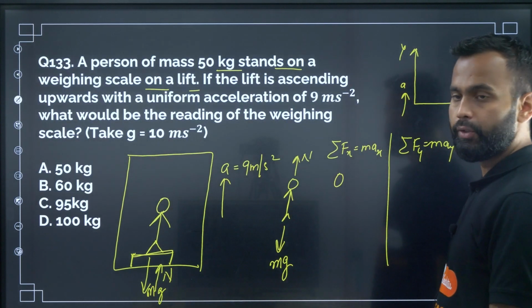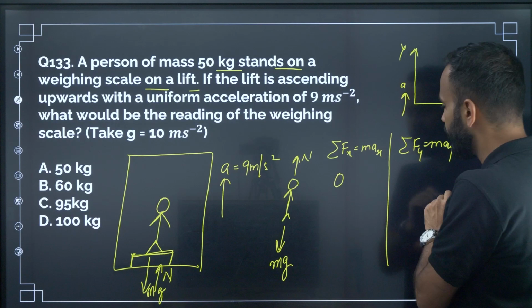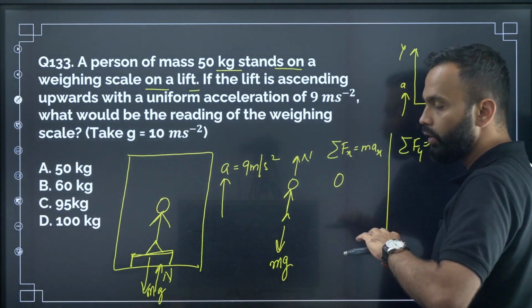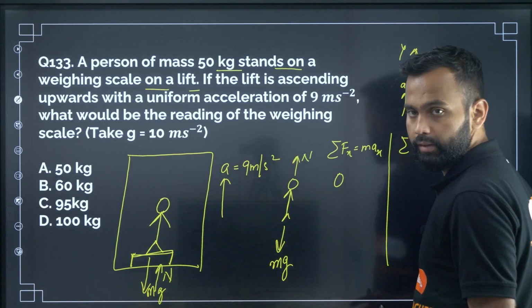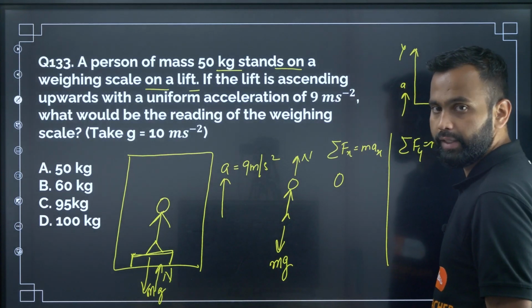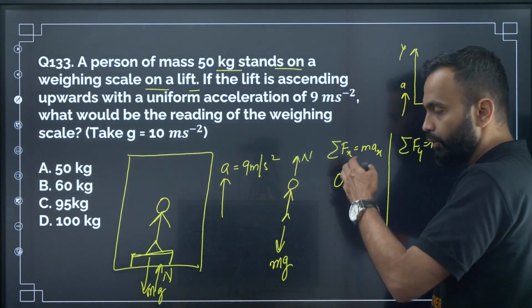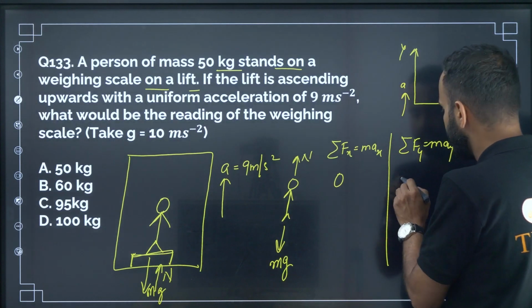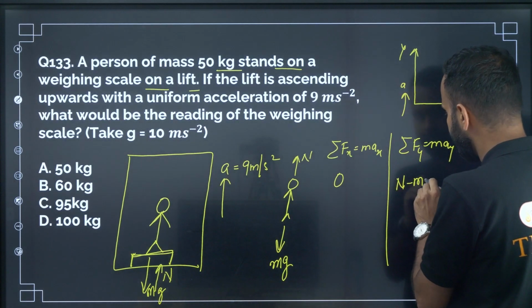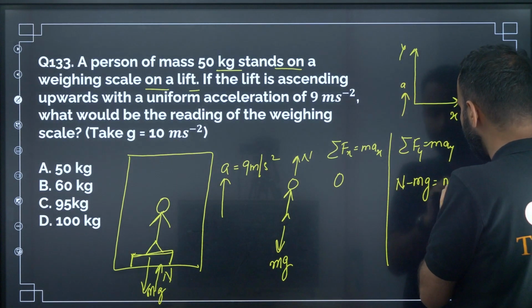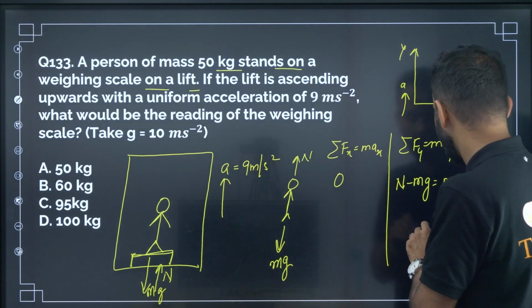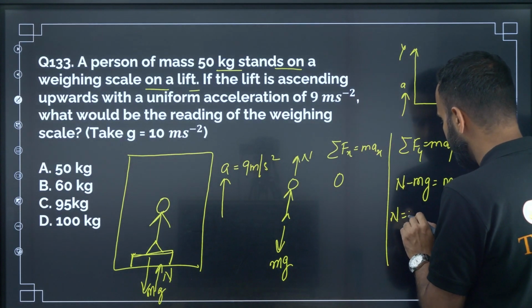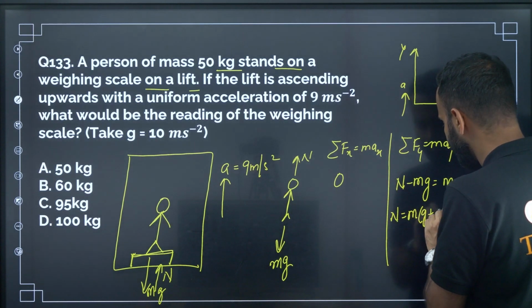Summation of fy equal to m into ay, that is, all the vertical forces acting on the man is equal to m into ay, or the net vertical force acting on the man, that is n minus mg, which is equal to m into a. N minus mg equal to m into a. Now n equal to m into g plus a.